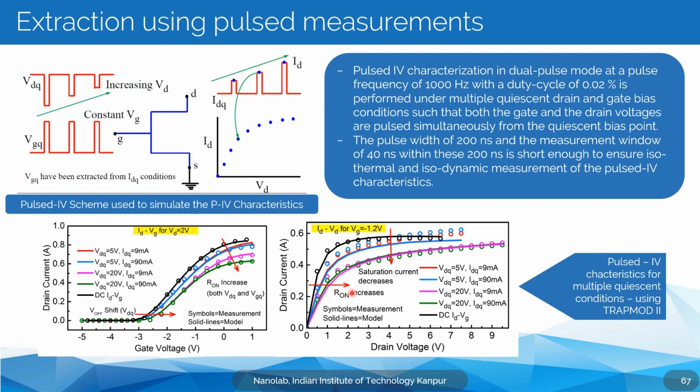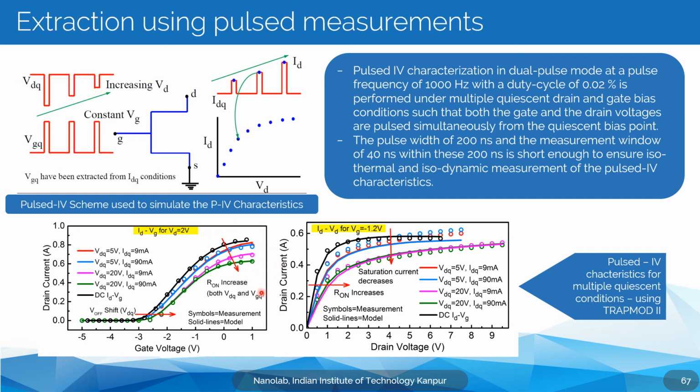And this is one validation we have for Trap Mod 2. This was a power device which we had, and again we did the extraction for different pulse conditions. For Trap Mod 2, we had pulse conditions of 20 volts 90 milliamps, 20 volts 9 milliamps, 5 volts 90 milliamps, 5 volts 9 milliamps. So these are different quiescent conditions at which the pulses were generated, and as we can see, the model is very accurately able to capture all these pulsed conditions.